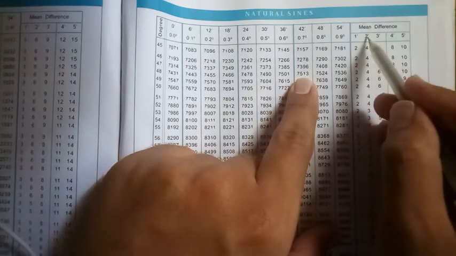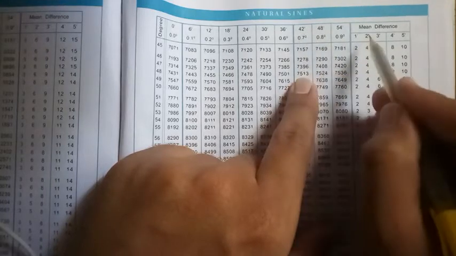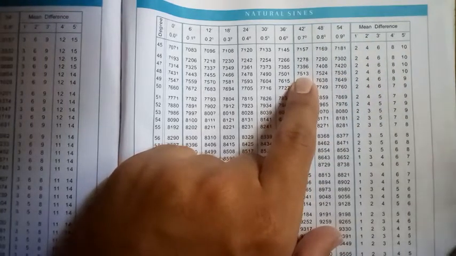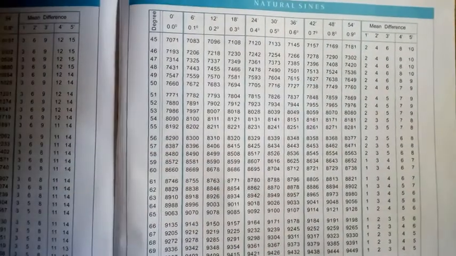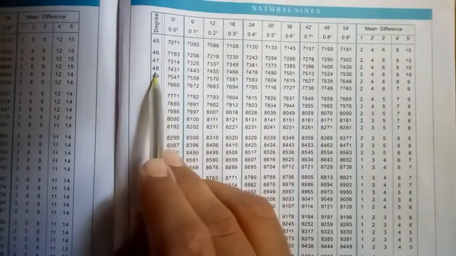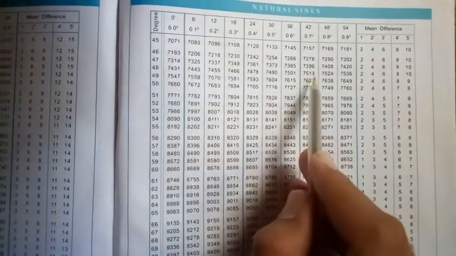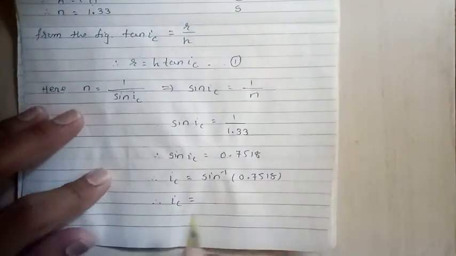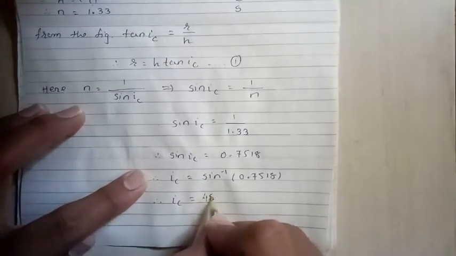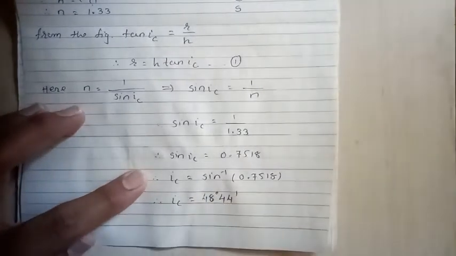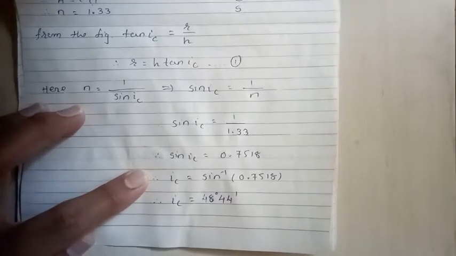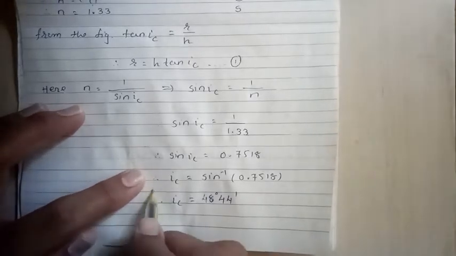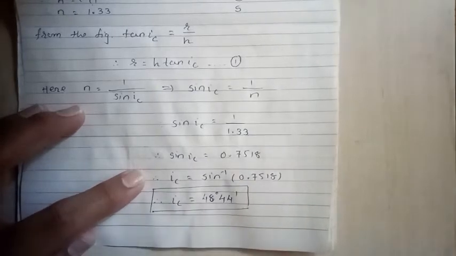So we have to add 2 minutes, so 42 plus 2, so 44 minutes, right? So our answer is 48 degree and 44 minute, right? So here this is our value of critical angle, right?